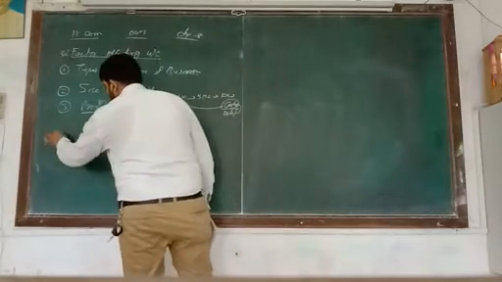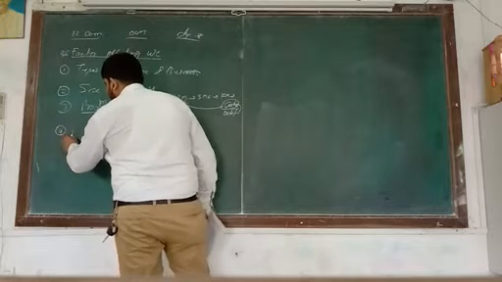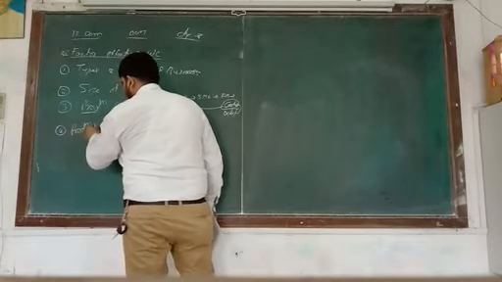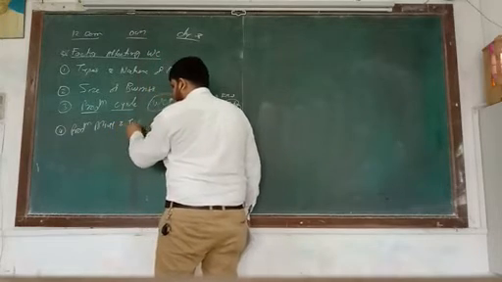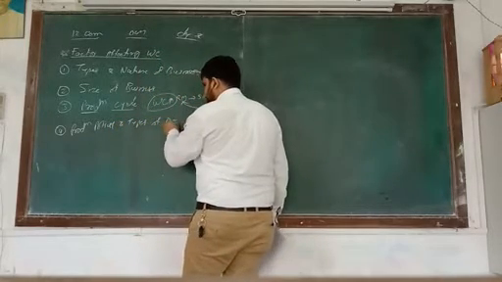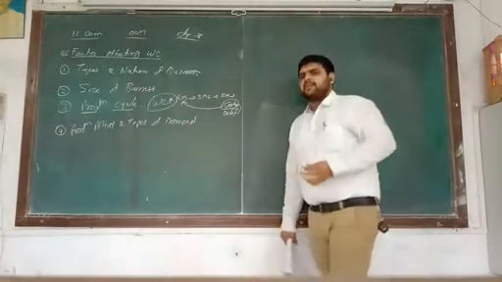Next, number 4. The fourth point is production policy and types of demand. Okay, which type of production policy are you adopting?